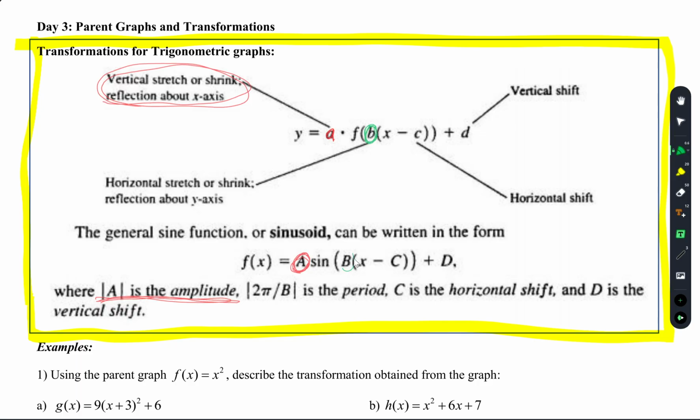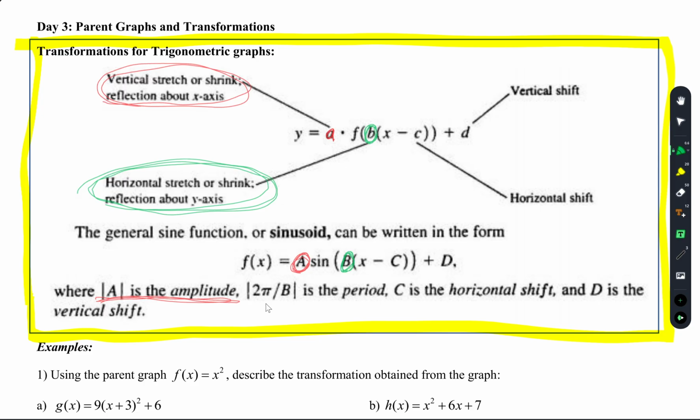That's the same thing as this capital B in the second function. If you plug it into the x, then that's your horizontal stretch.